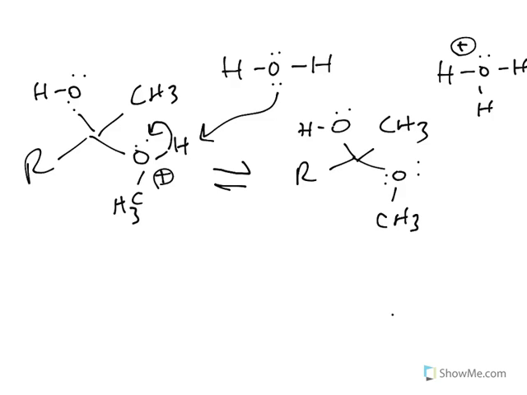All right, so we're going to look at this product and call it something. And what this thing is called here is a hemiacetal. All right, so this is an important intermediate, especially in carbohydrate chemistry. A hemiacetal is a tetrahedral intermediate where one of the groups is an alkoxy group.